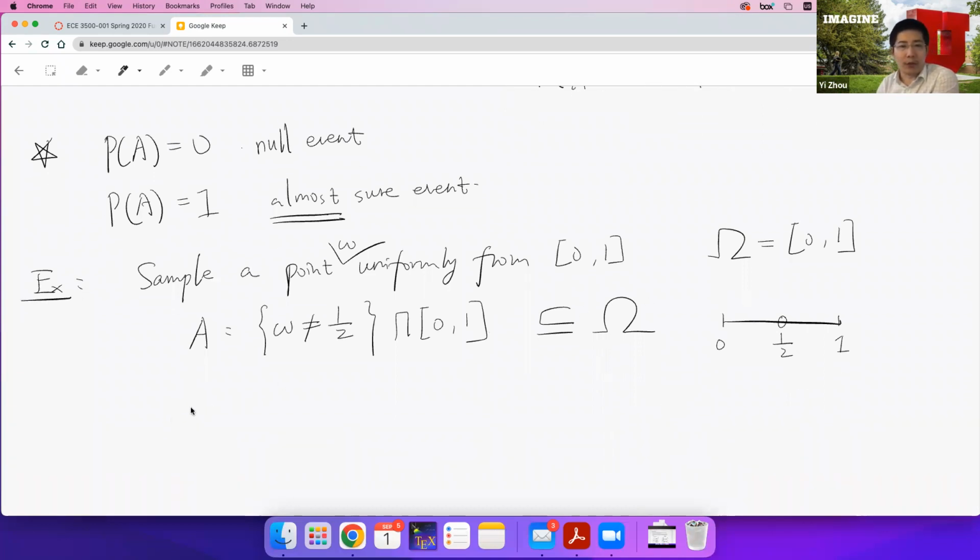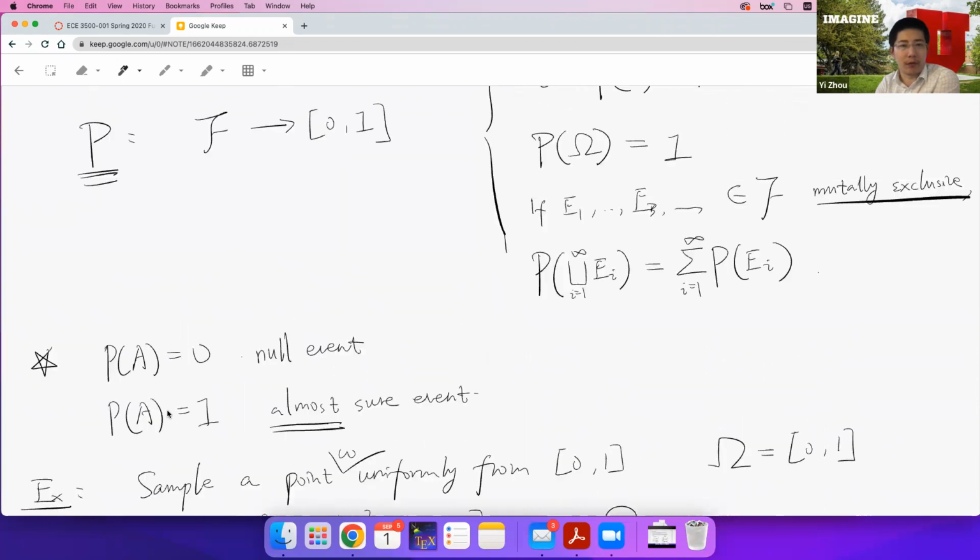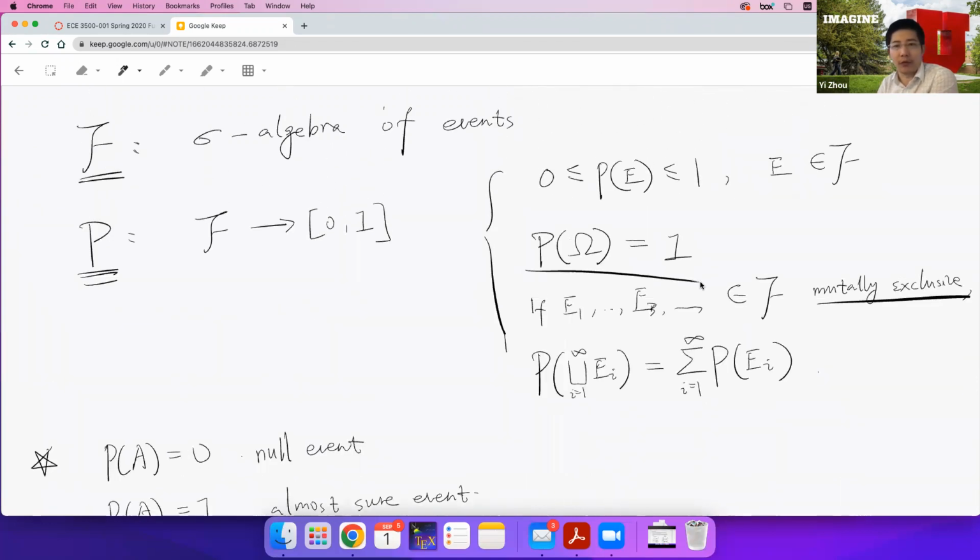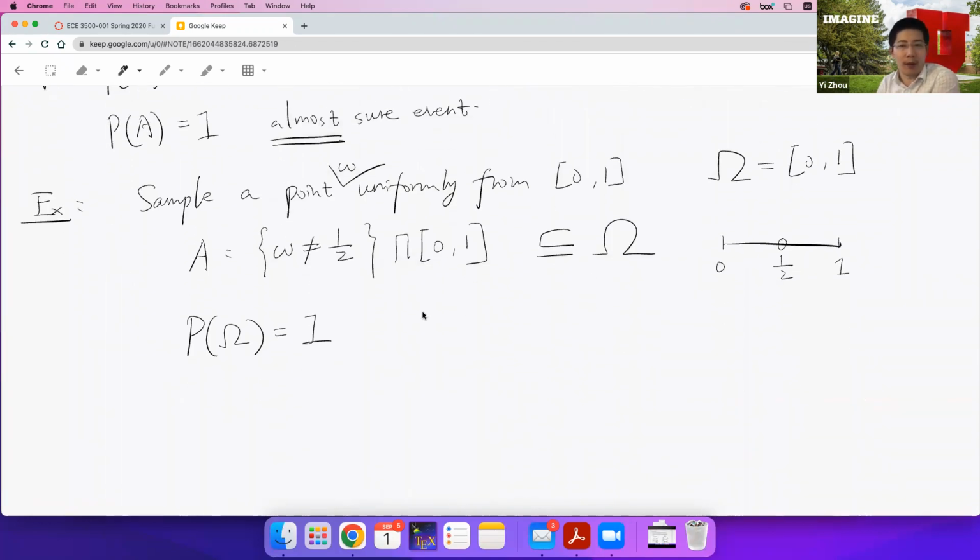And according to the probability law, we know that P of omega is 1. Moreover, we know that the probability that you sample the middle point is 0, because we have infinitely many points in this interval and we pick every point uniformly at random.